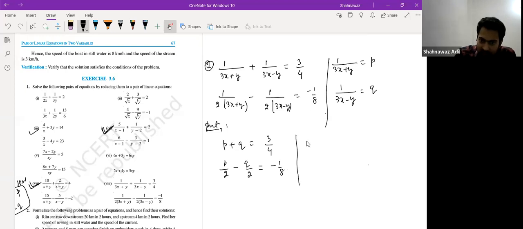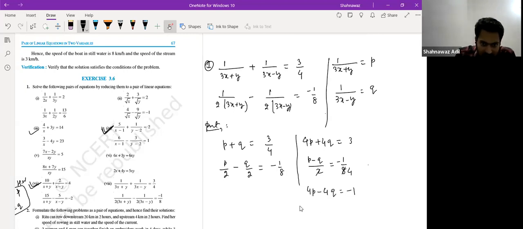So this would be 4p plus 4q is 3, right? And let us simplify this. So this is half. So this is p minus q by 2 and minus 1 by 8. So this is 4. So this would become what? 4p minus 4q is minus 1, right?